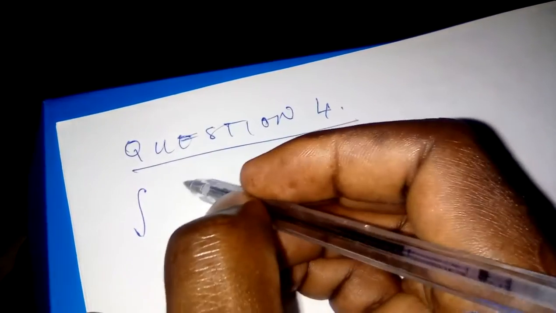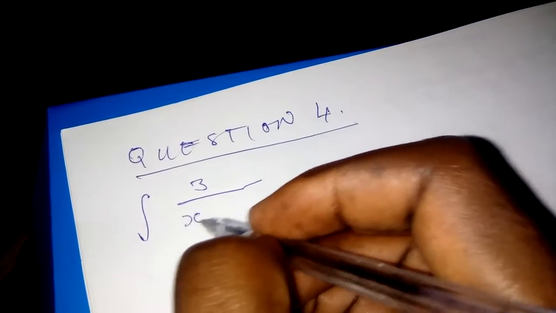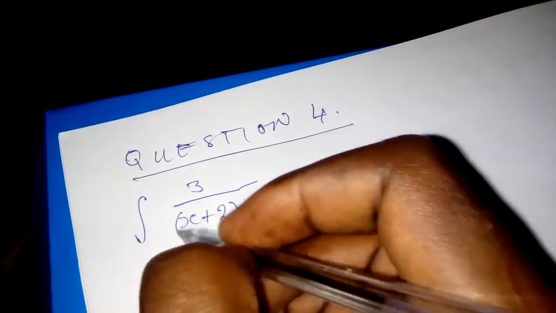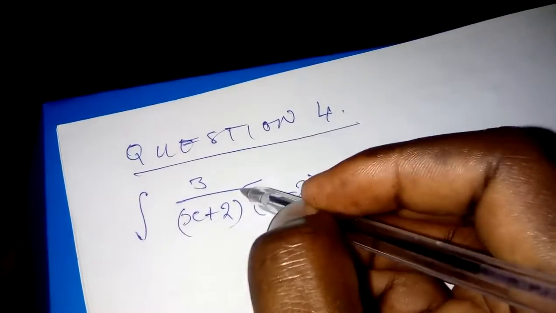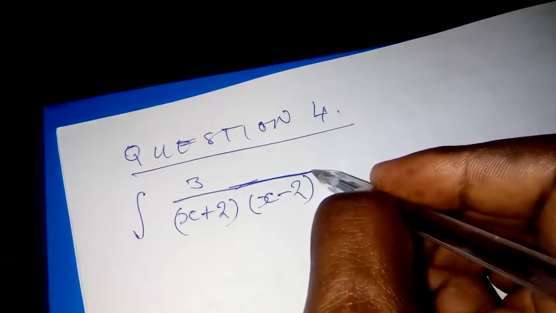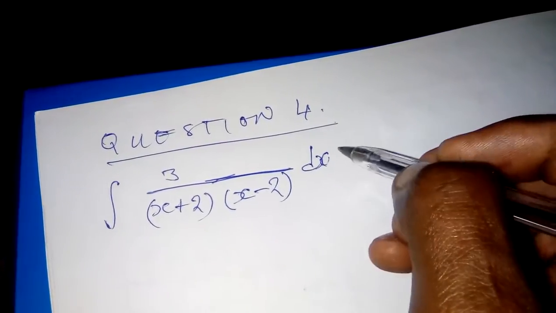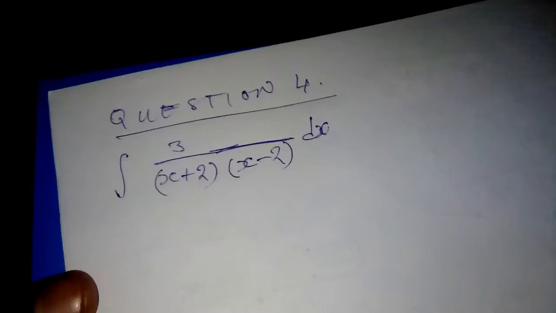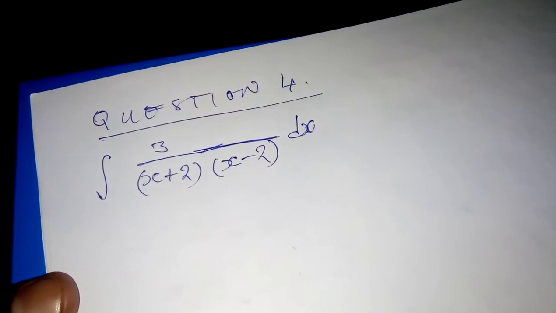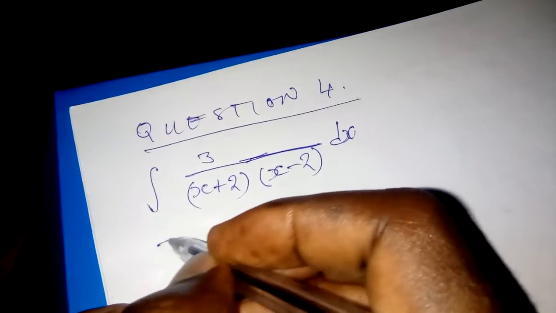So we're going to have the integral of 3 over x plus 2, and then you have x minus 2 there. So how do you go about with these questions? Then you have dx there. So partial fractions, so you know that this, using partial fractions, let me just write it separate here.